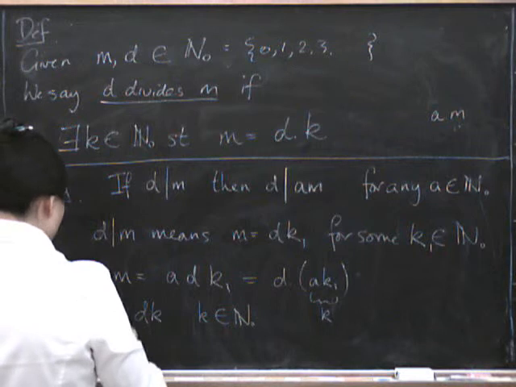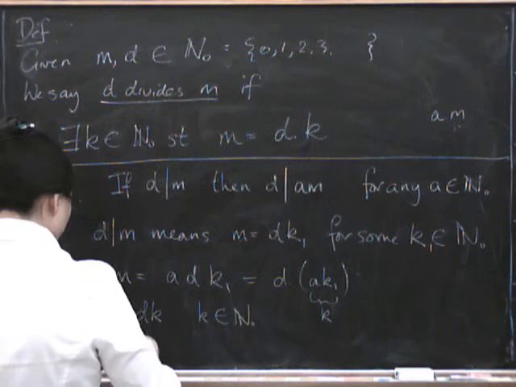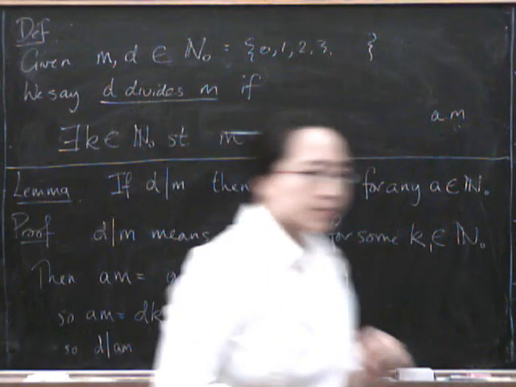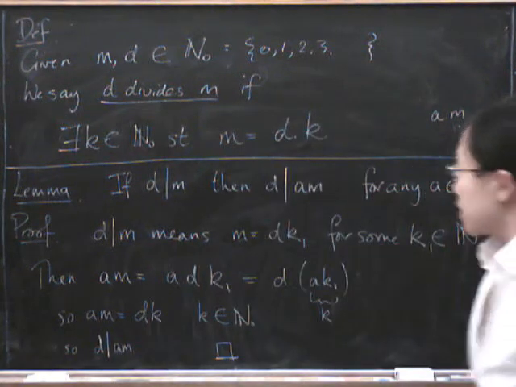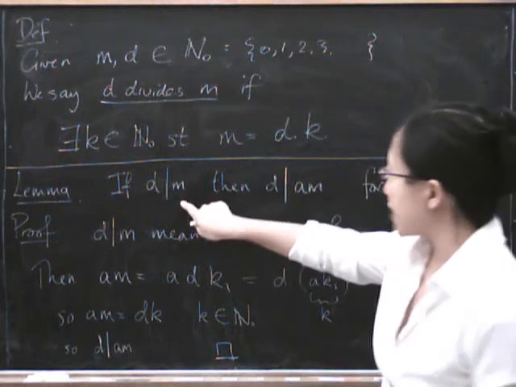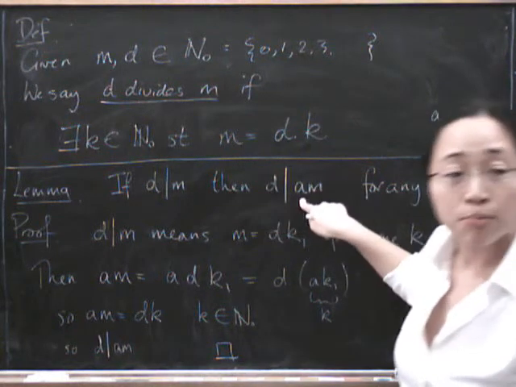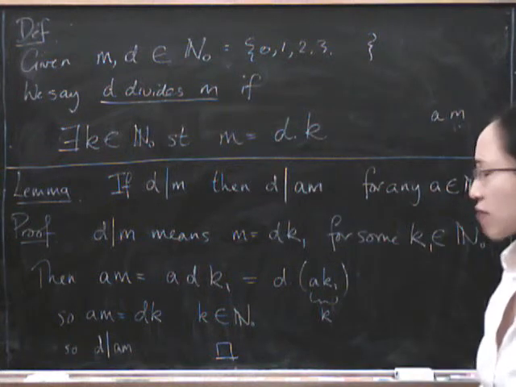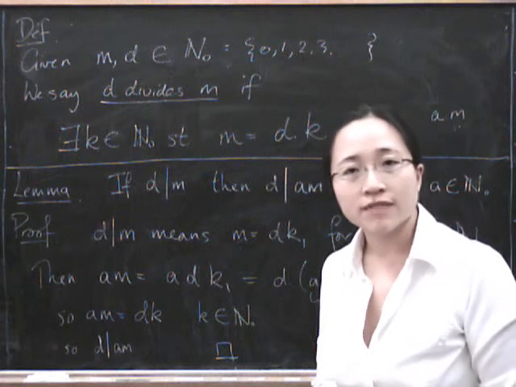So that's the proof that if d divides m, then d divides any multiple of m. So this is a start about understanding divisibility.